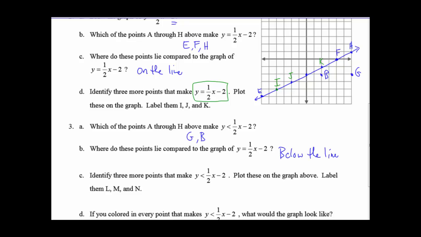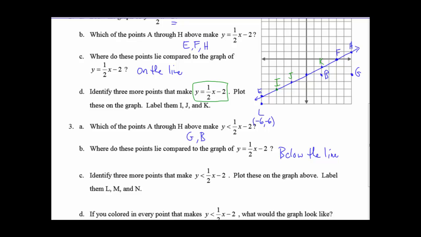If we go to C, we need to identify 3 more points that make y less than 1/2 x minus 2. We're going to plot these on the graph. We need to label them L, M, and N. Let's put one here on the far left, let's call that L, which is negative 6, negative 6.